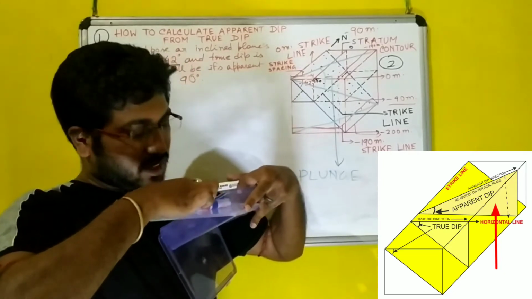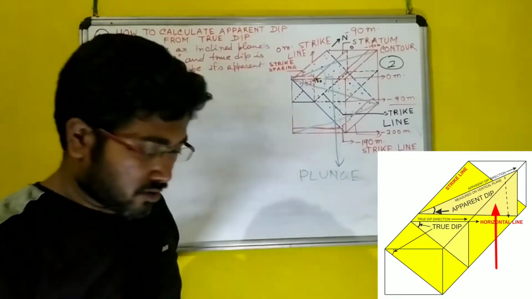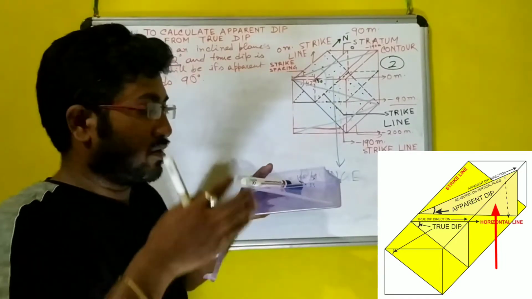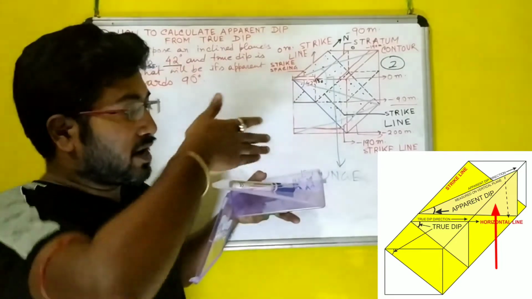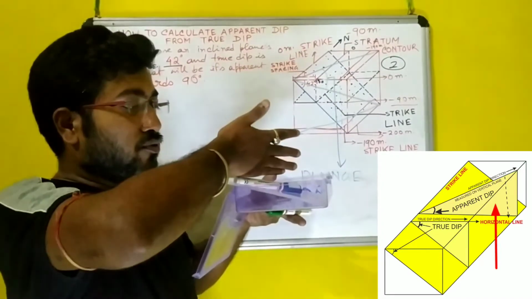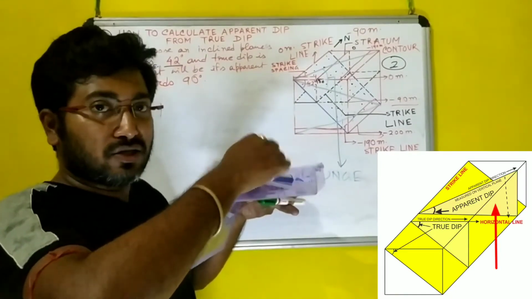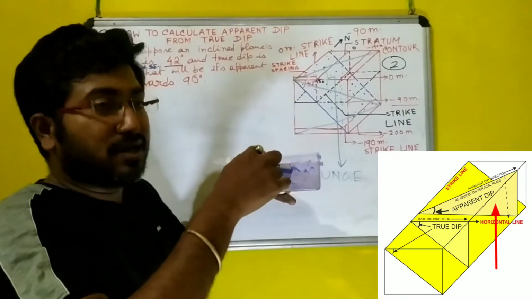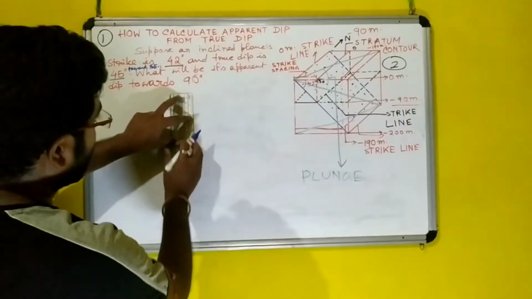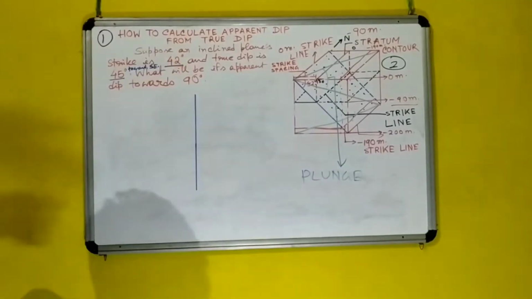So this angle is the plunge of that line. If you are asked to calculate the apparent dip along this line of this inclined plane, you have to take the vertical plane and then calculate the plunge of that line, or the apparent dip of that plane in that direction.